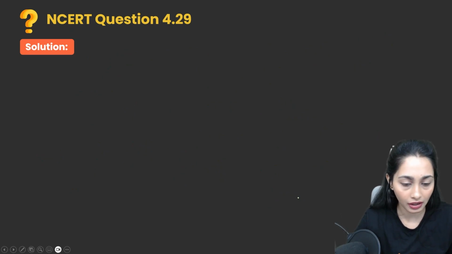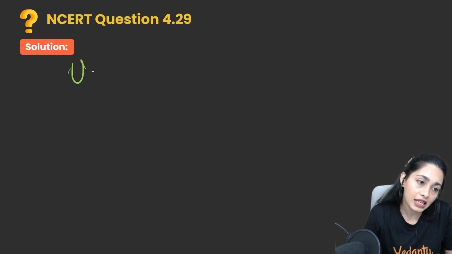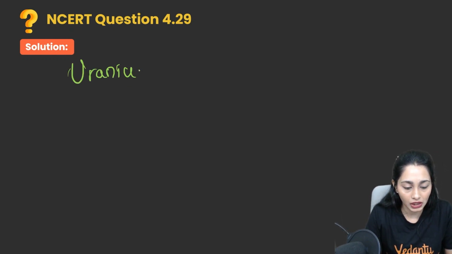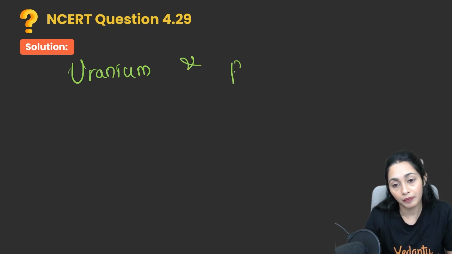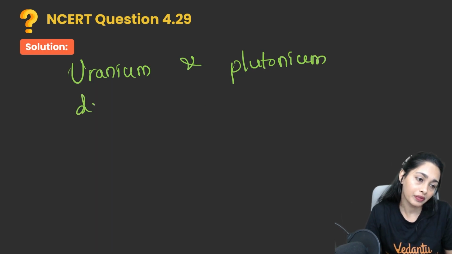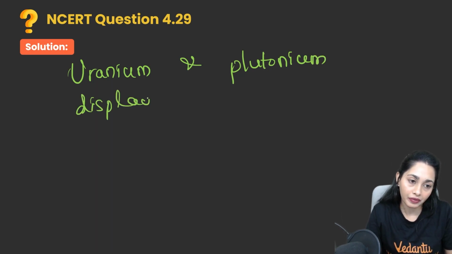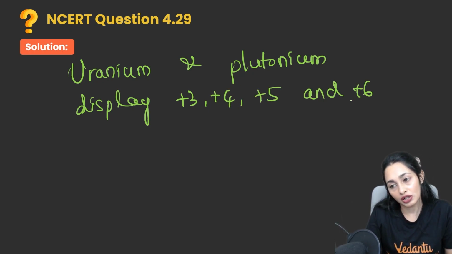Let's take some examples, because I have asked us to give some examples. Example: uranium and plutonium. Uranium and plutonium display +3, +4, +5 and +6 oxidation states.